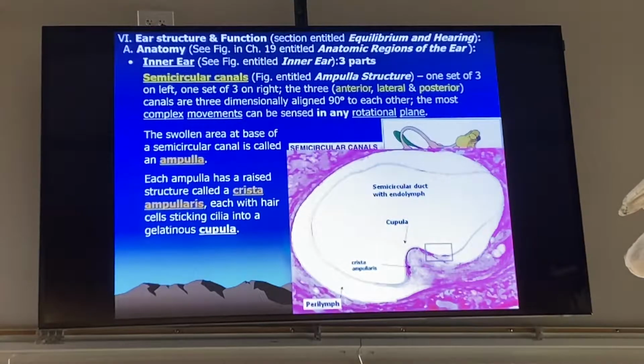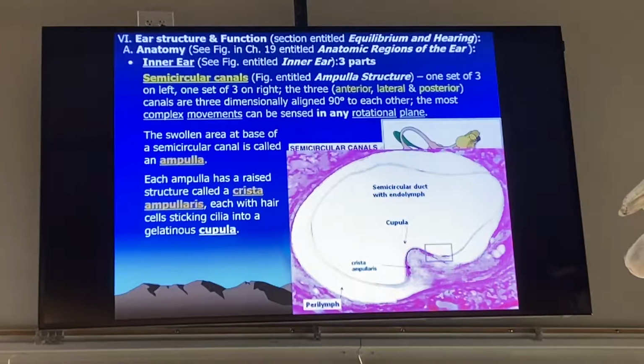So in the case of the semicircular canals, the jelly is the cupula. How can they move if they're stuck in jelly? Because the jelly moves. Well, it's not liquid. It is actually solid jelly, but it gives and it moves. Okay?